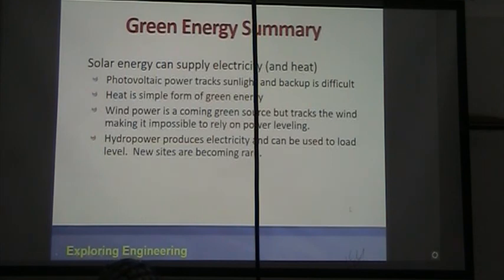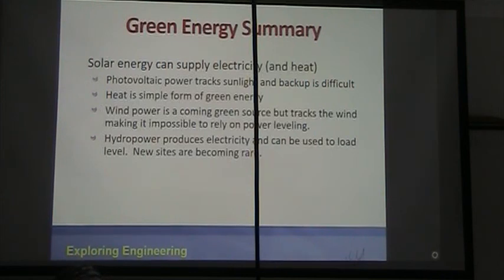All right. So in summary, we can get either electricity or heat from solar energy. We can use photovoltaic power made from sunlight, but backup of that power is difficult.